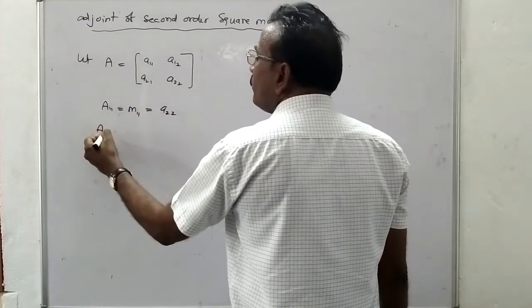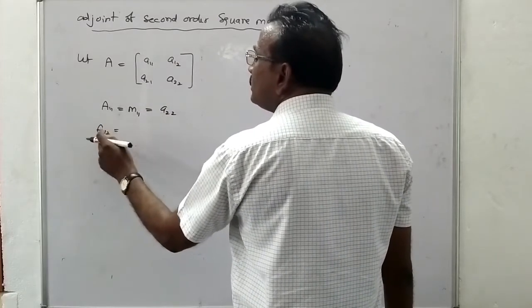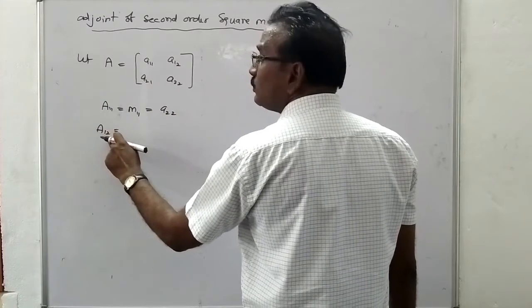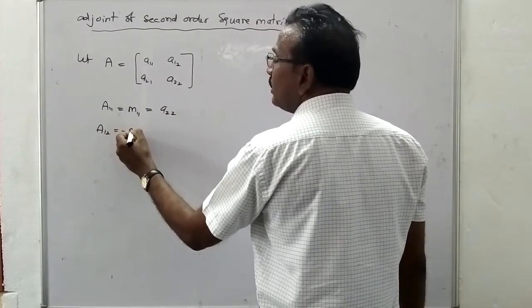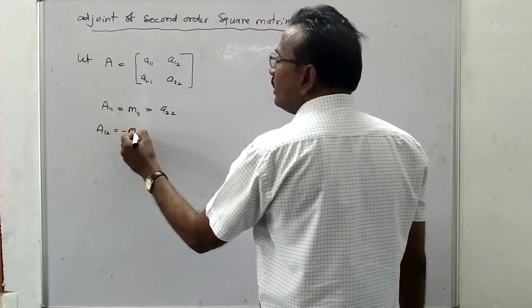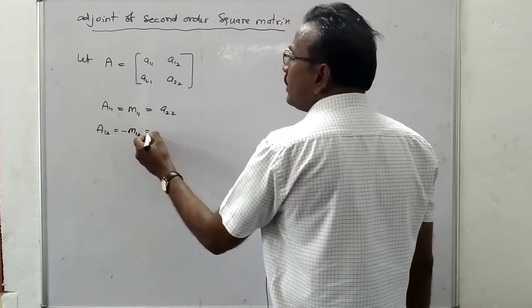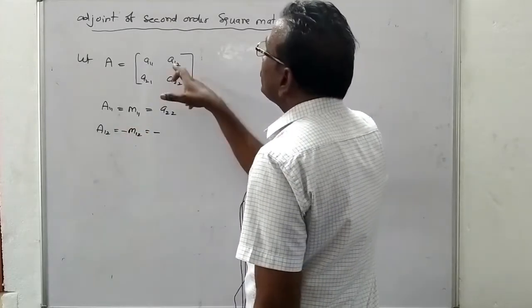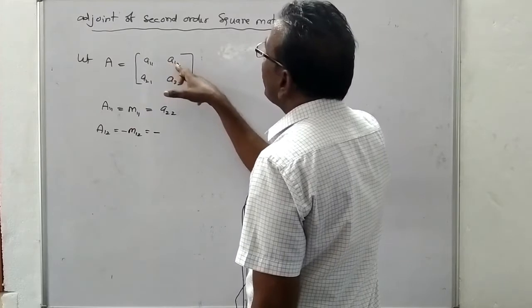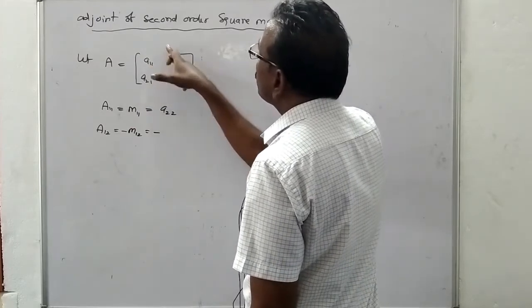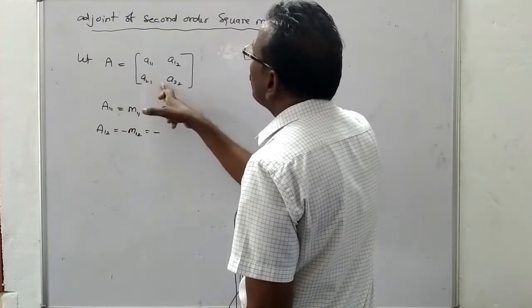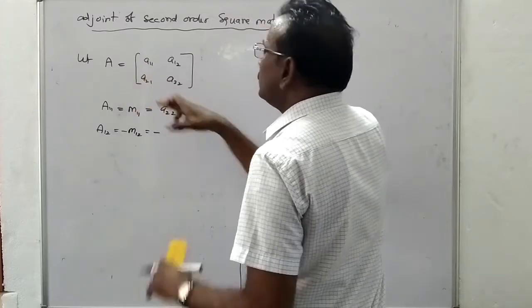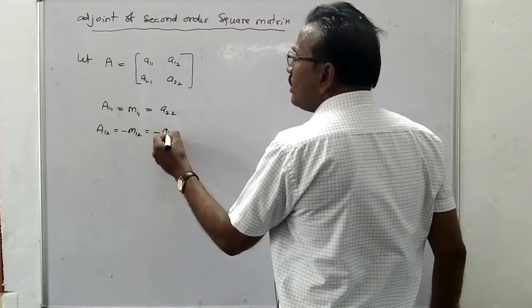Next A12: here minus 1 to the power of 1 plus 2 is odd, so the sign is minus, times M12, the minor of A12. A12 is the first row, second column element; delete the first row and second column, and the determinant of that element is the number itself, that is A21.